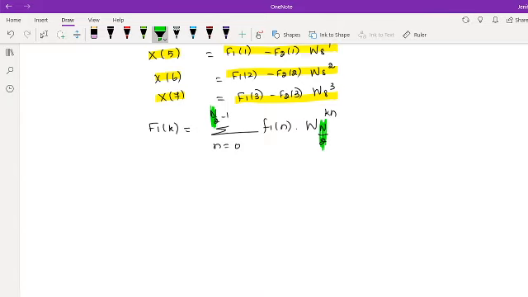Now the f1 of n is going to be again divided into N by 4 point DFTs, that is the odd and even representation. I'm going to do that here.